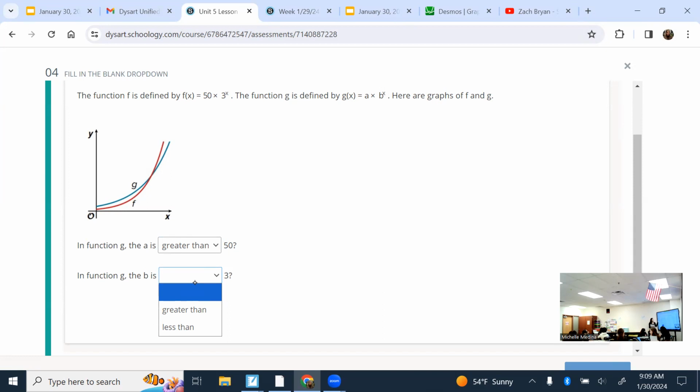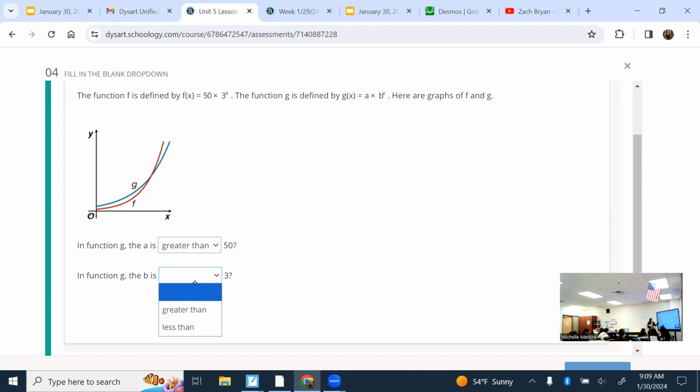So when you compare them, stuff that is growing at a faster rate, because they're both growing, stuff that's growing at a faster rate is steeper. So which one do you think is growing at a faster rate, the G or the F? Which one looks steeper?